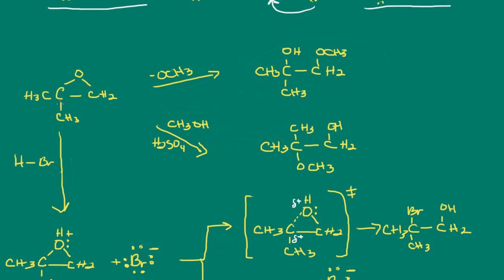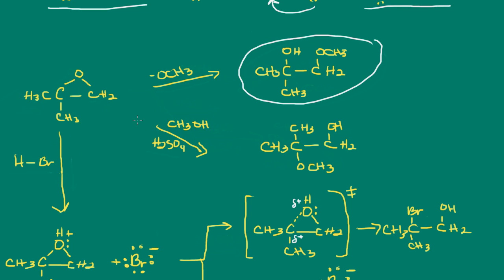When we react 2,2-dimethyl oxirane with a nucleophile, so this would be under neutral or basic conditions, we see that the nucleophile attacks the less substituted carbon, and this is the product that we end up with.